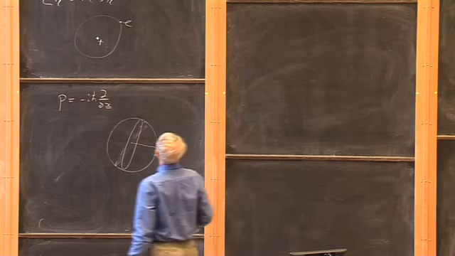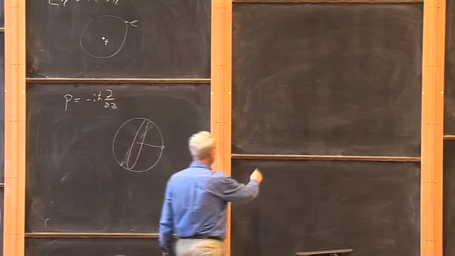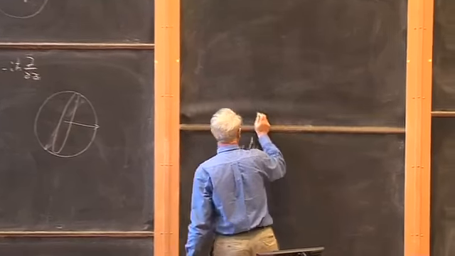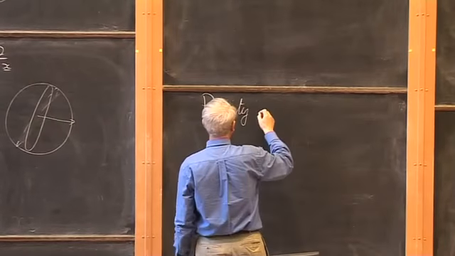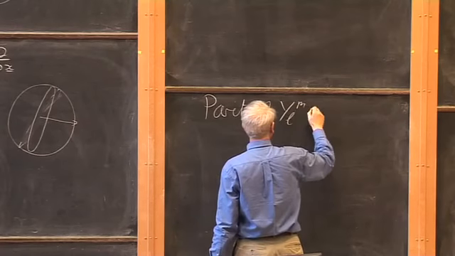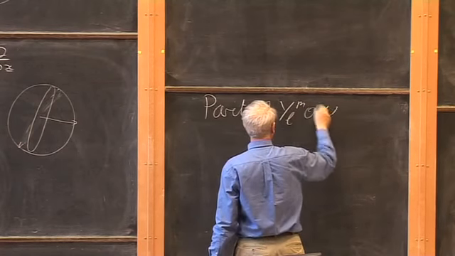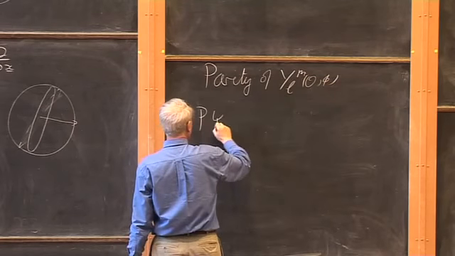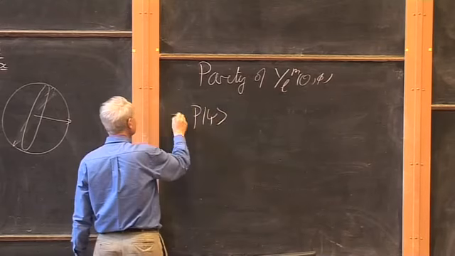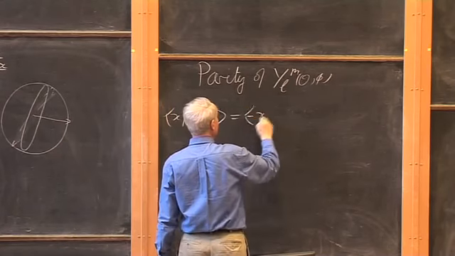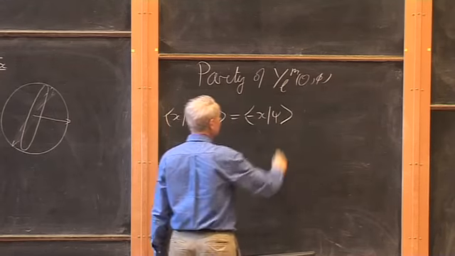Okay, so now we should address an important topic, which is the parity of Y_LM. So remember, the parity operator P, working on a psi, makes a state whose amplitude to be at x is the amplitude to be at minus x if you were in the state psi.